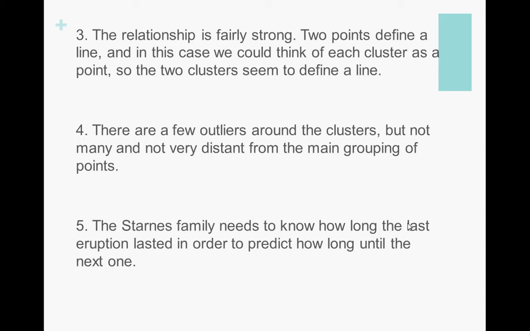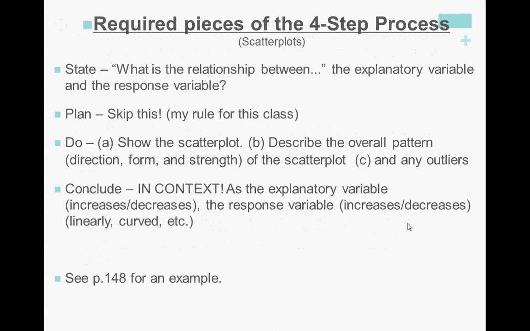For the do, you need to show the scatter plot, describe the overall pattern, showing the 3 things, direction, form, and strength, and talk about any outliers. So you're really showing the scatter plot, describing its pattern, and any departures from that pattern. And then conclude. In context, say something like, as the explanatory variable increases or decreases, the response variable increases or decreases.